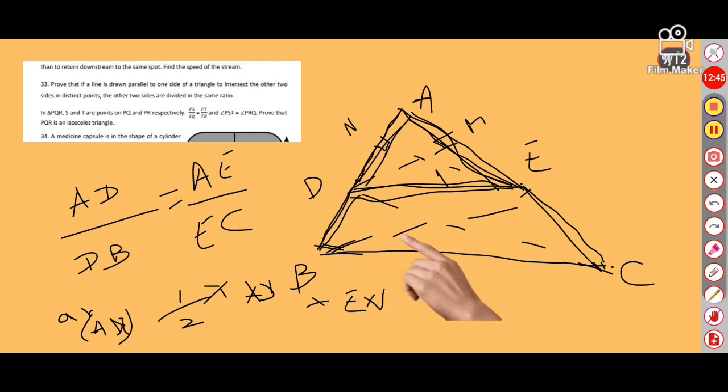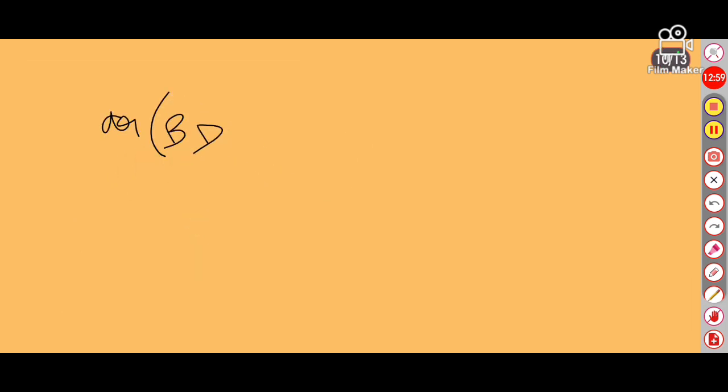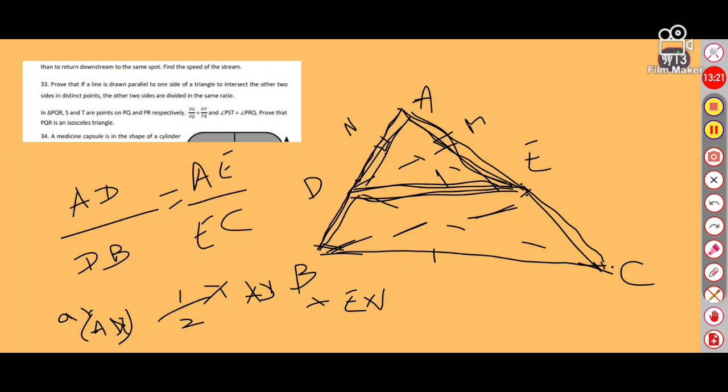Similarly, this triangle BDE, the area of BDE is half into base into height, so half into BD into EN, right? Now we found the area of ADE is half into AD into EN.